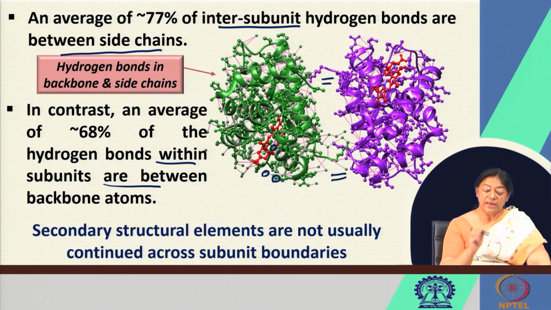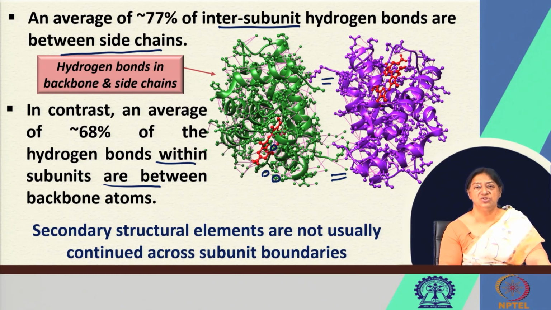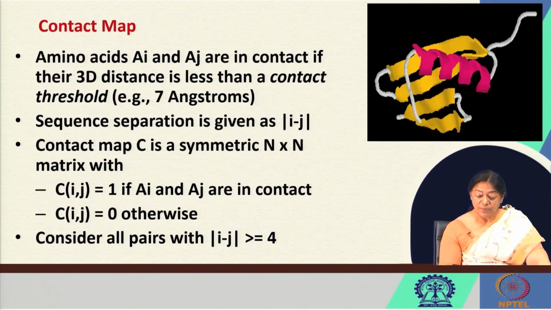So, if we can look at the three-dimensional position of each of these atoms for the specific amino acids, we can construct what is called a contact map. The reason we look at a contact map becomes apparent later when we try to understand structural aspects.